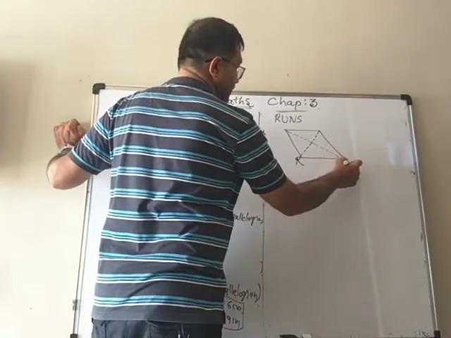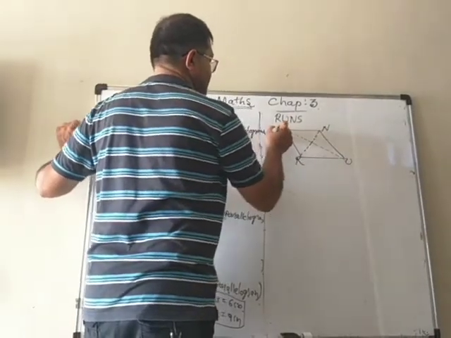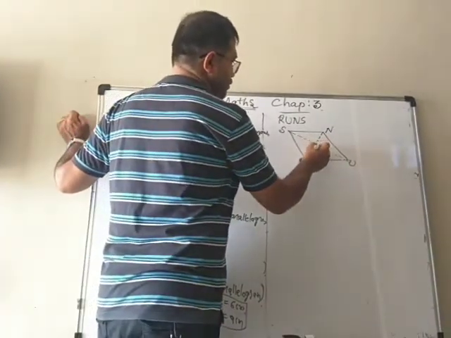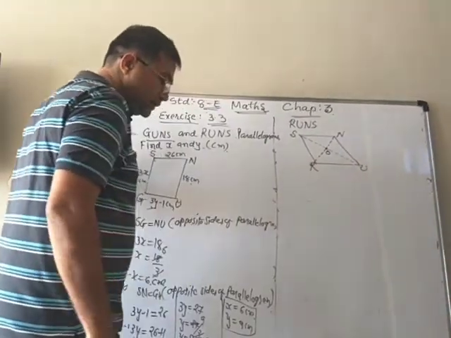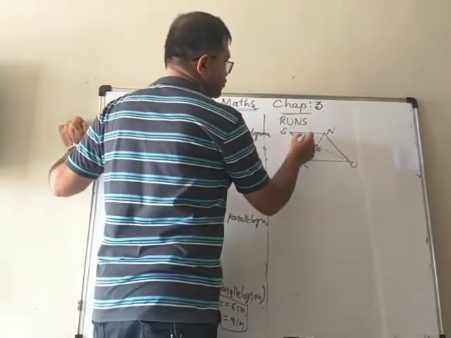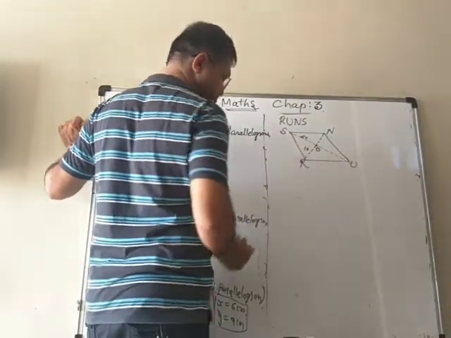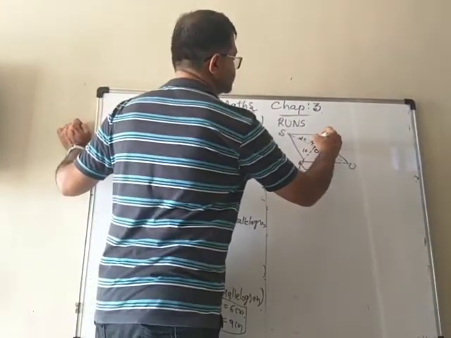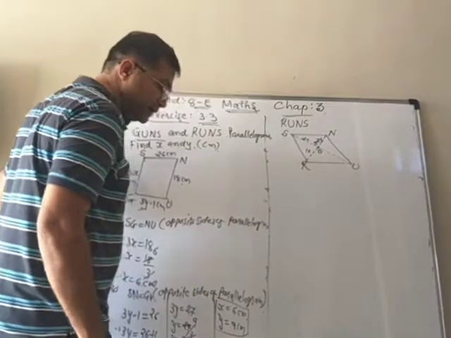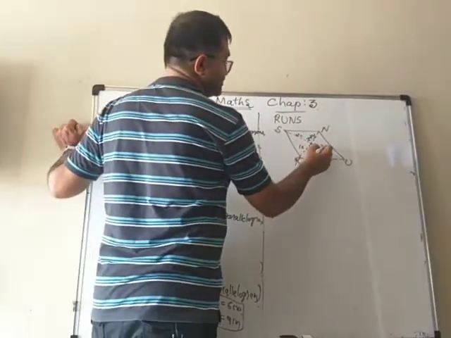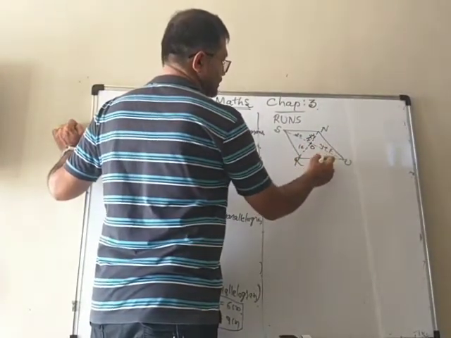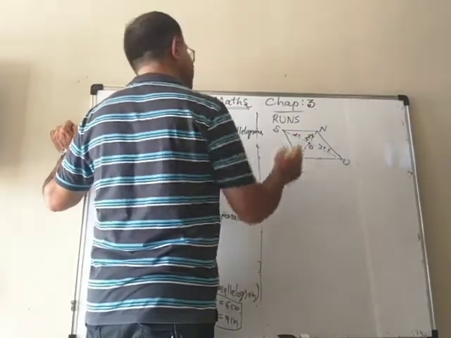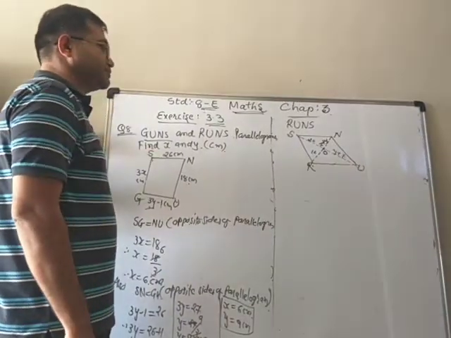It starts from R, U, and S. Here the middle point not given, but I can take as O. Now, what is given here? It is 20, 16, x plus y here, and this side is y plus 7. First of all, we will find value of y here, and then we will put that one here, so we can get the value of x.